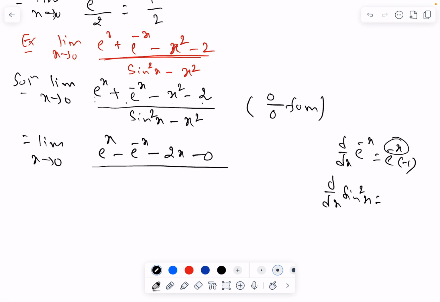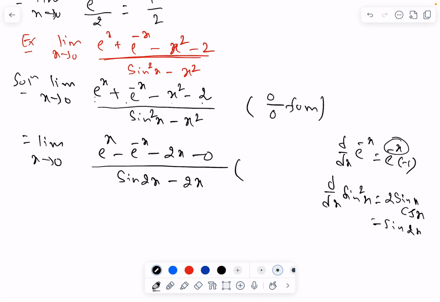This is a function of something square, so its derivative is 2 sin x, but then we need to take the derivative of sin x again, and that is cos x. And we know the trigonometric formula 2 sin x cos x is sin 2x. So the derivative of sin^2 x is sin 2x. Derivative of x square is 2x.